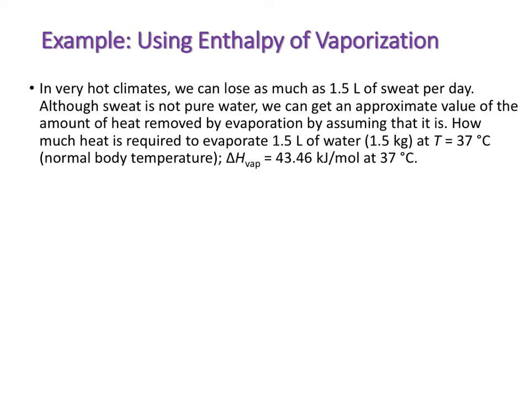So we have finally reached a problem in this chapter that requires some math. Now we are going to be using the enthalpy of vaporization to determine how much energy we need to evaporate a certain volume. So we are going to use something called dimensional analysis. So we learned about that in Chem 1.